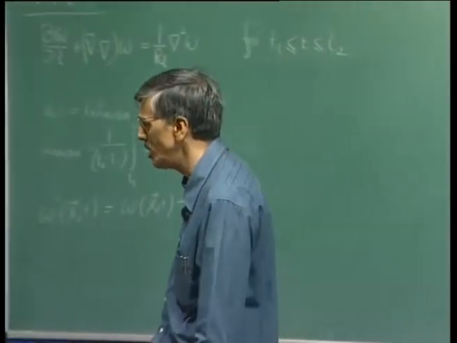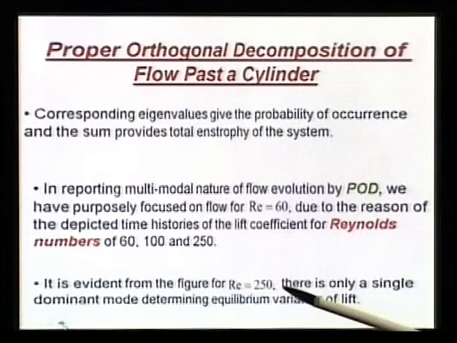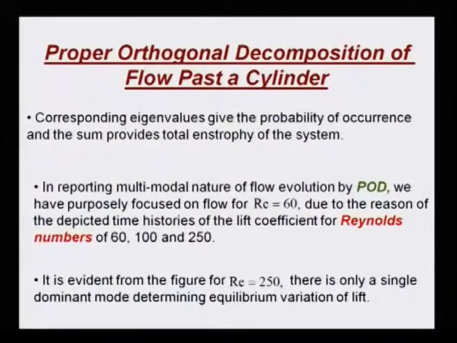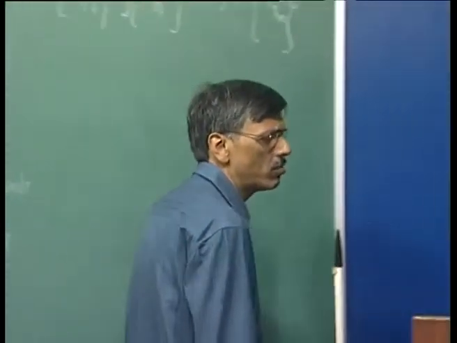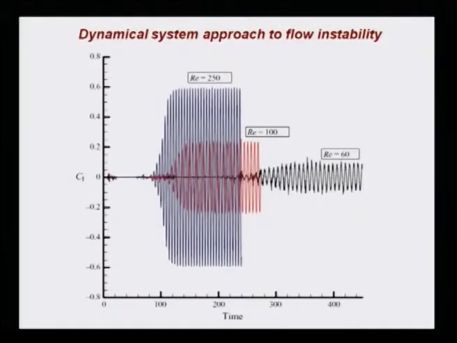So, that is what we are going to do. By and large, if you look instead at the highest Reynolds number that we have shown, at 250, we get predominantly a single frequency, while in case of r equal to 60, we have multiple frequencies present. So, that is what we are talking about here.